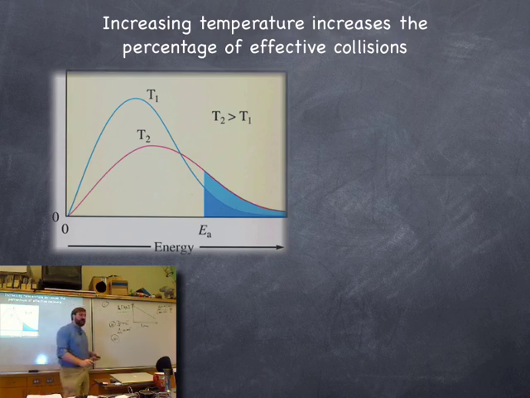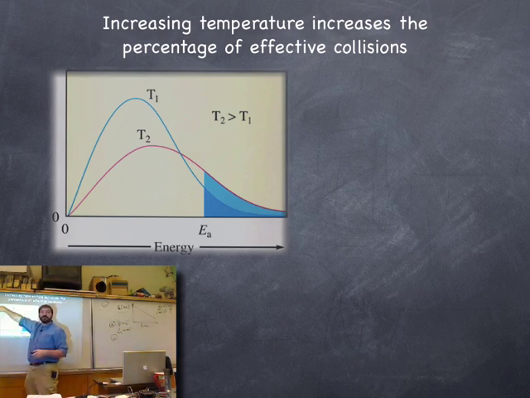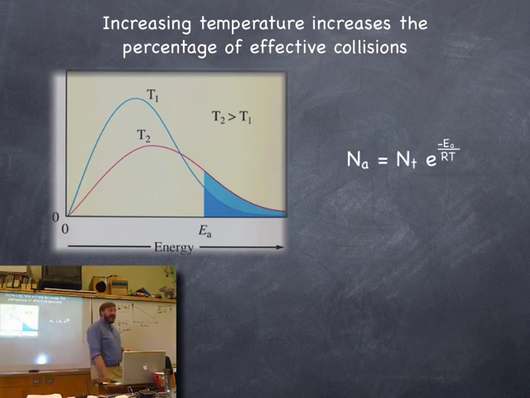We can represent this with math. The y-axis is number of collisions, and this is the collision energy. So, mathematically, the number of collisions with the activation energy is equal to the total number of collisions times this factor.